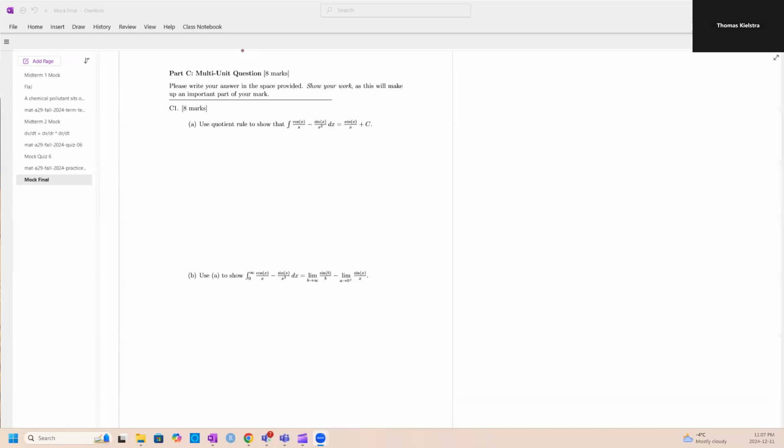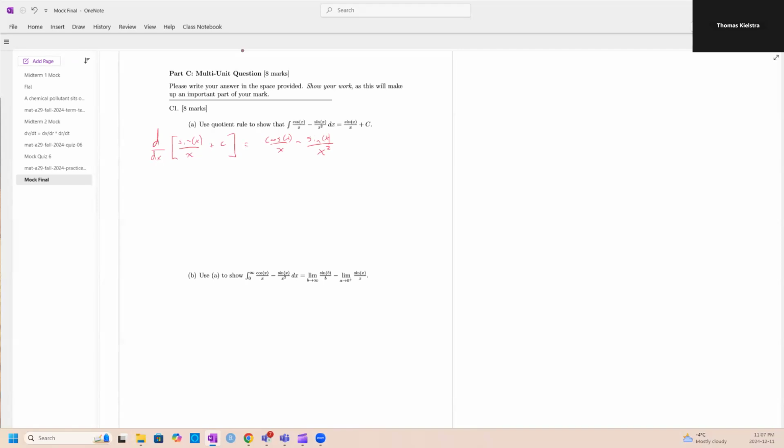So here we want to use quotient rule to show that this is true. Now, quotient rule is how we take the derivative. So what we want to show is that the derivative with respect to x of sine x over x plus c equals cos of x over x minus sine x over x squared.